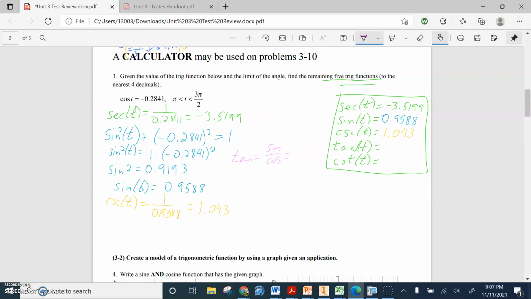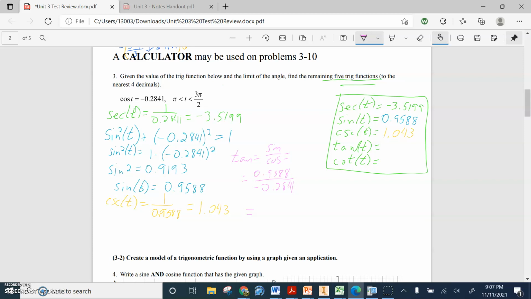Well, fortunately for us, we have those values. We have sine and cosine, where that's 0.9588 and cosine negative 0.241. So I'm going to be able to use those two numbers when I divide that.